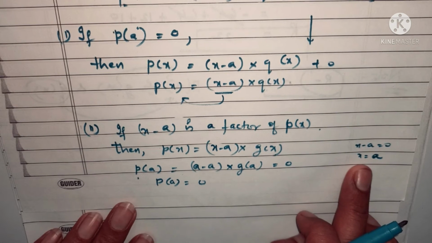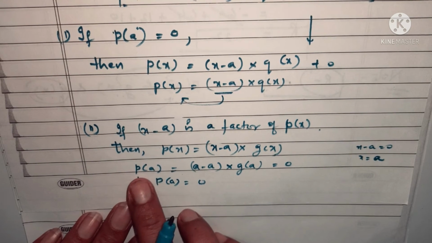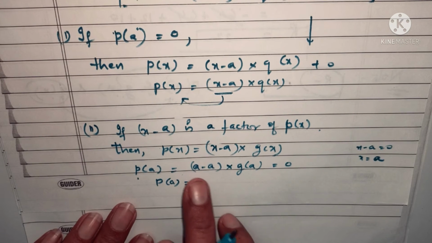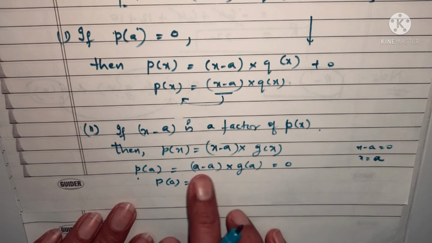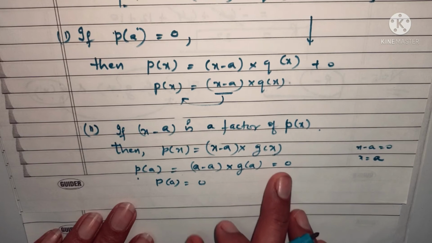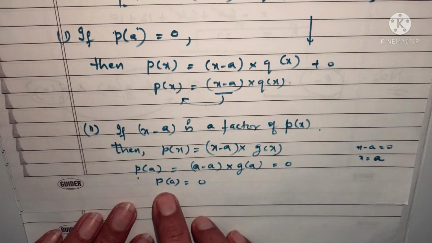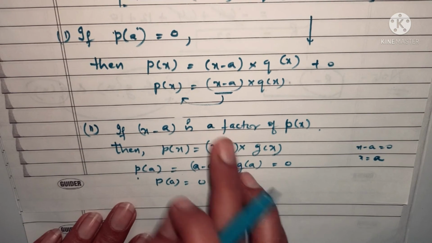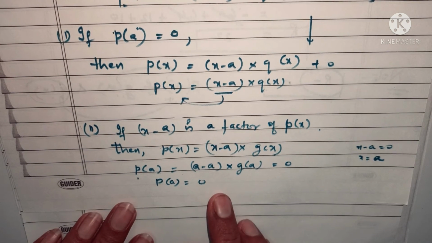So if you put the value of x from here, you will get P(a). If you go for finding P(a), you will see that (a minus a) into G(a), a minus a will give you 0, 0 into G(a) is equal to 0. So P(a) becomes equal to 0. And it proves that if x minus a is a factor, then P(a) will be 0.